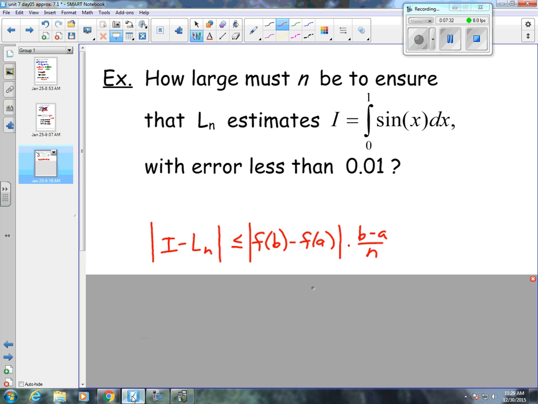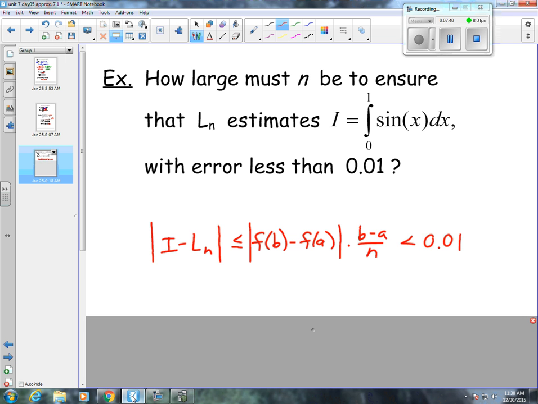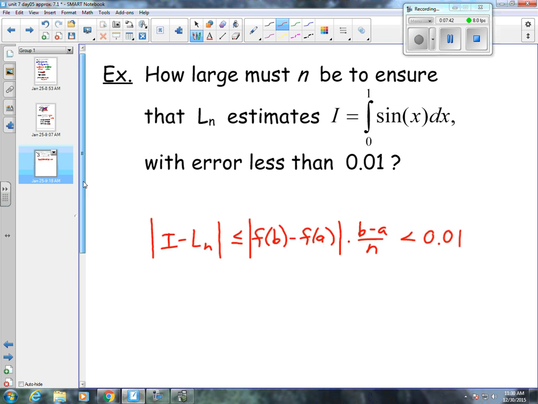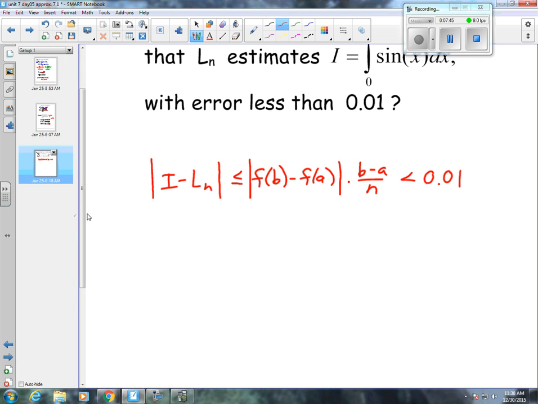I want that to be less than 0.01. So f of b minus f of a, well, that's simply the sine of 1 minus the sine of 0 times b minus a, 1 minus 0, over n. And I don't know what n is.